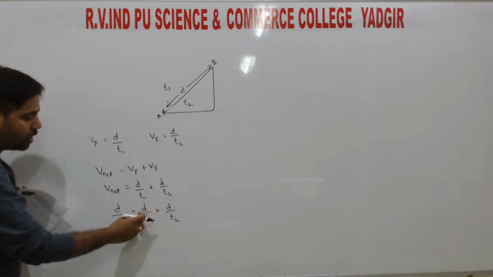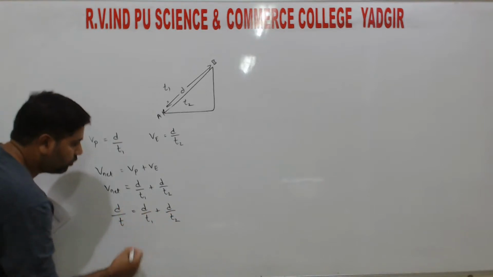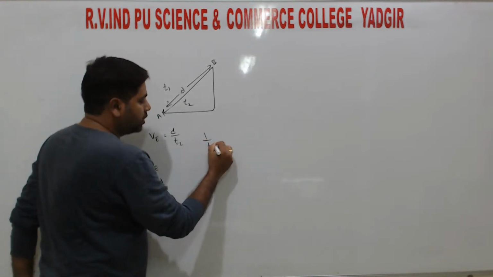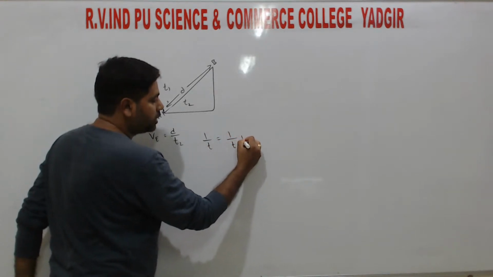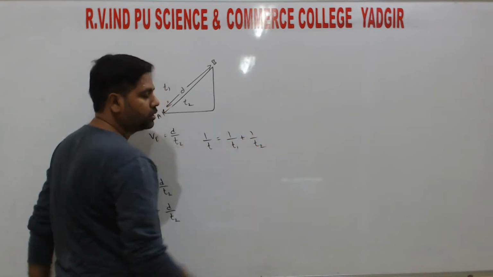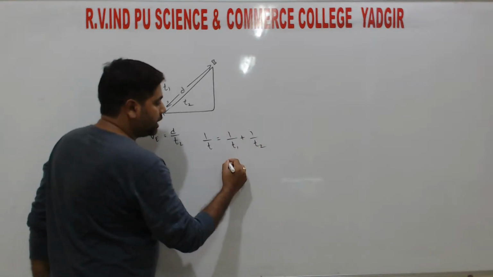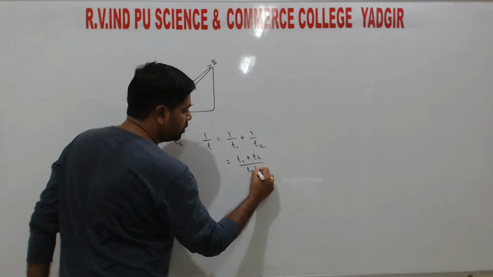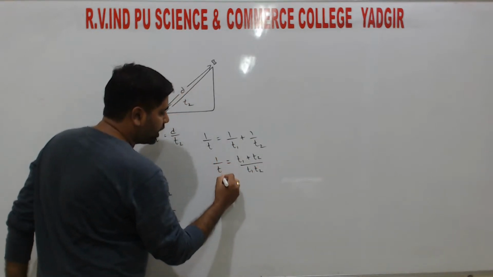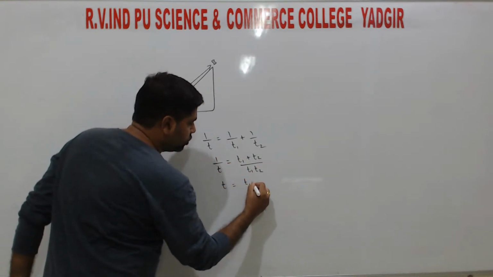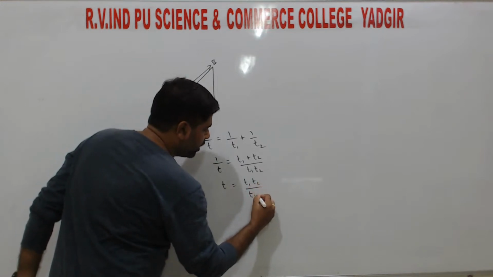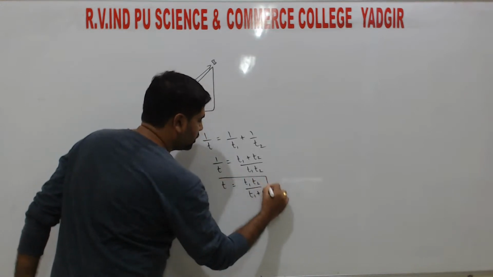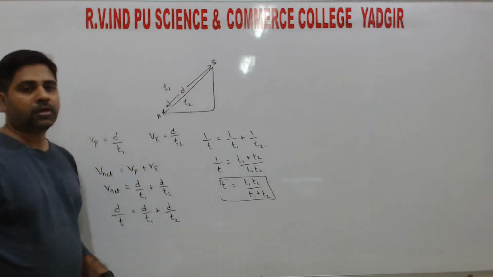So we can take it common and cancel. So we get 1 by T equals 1 by T1 plus 1 by T2. So taking LCM, T1 plus T2, we get T1 T2. So this gives 1 by T. So T is equal to T1 T2 divided by T1 plus T2, right?